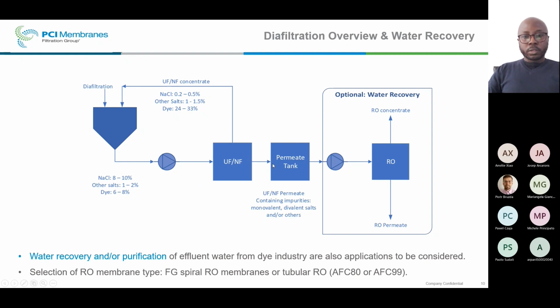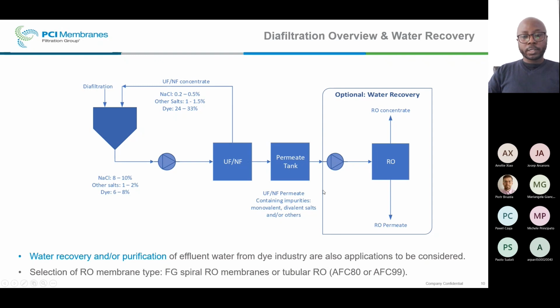But it is also important to place an emphasis on the water recovery from this process, because we are adding a significant amount of water to the system to remove impurities, to remove salt. To help with sustainability, it is important to establish a system that could recover the water that's been used.